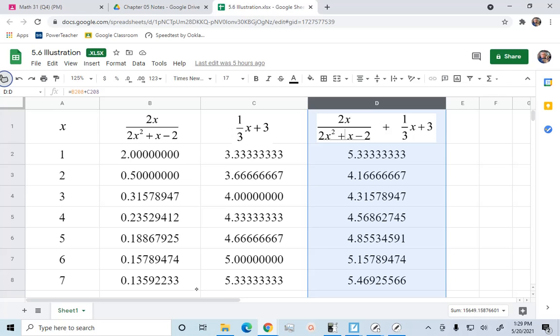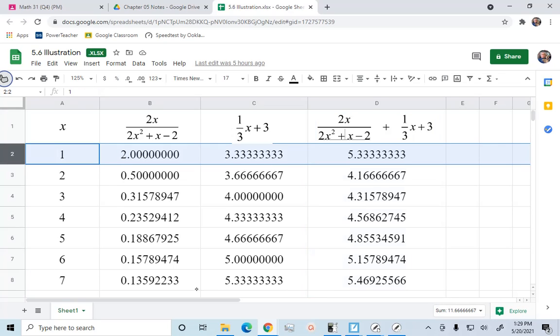I'm going to try this in another way. When x is 1, we're adding 2 for the first piece of the function to 3.3 repeating for the second piece to get 5.3 repeating for the entire value of the function, which is y.